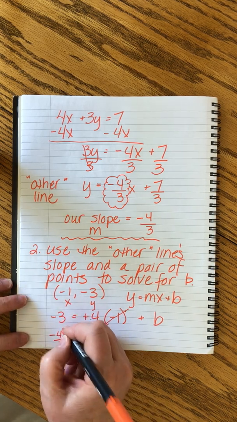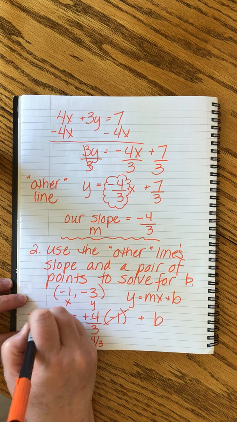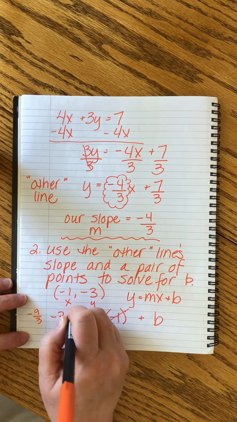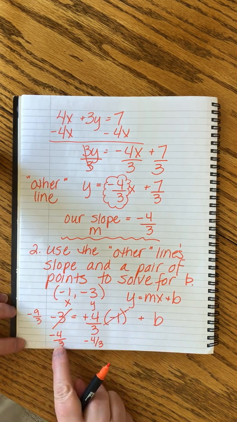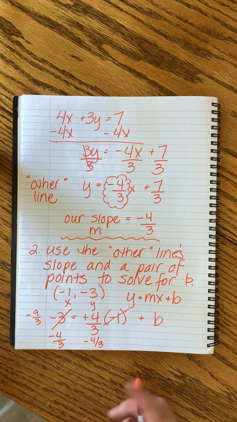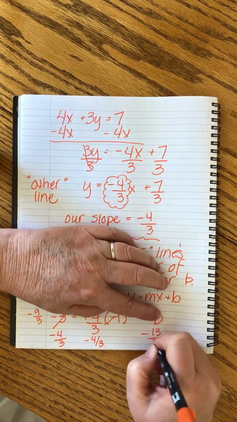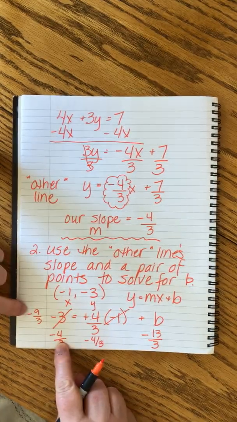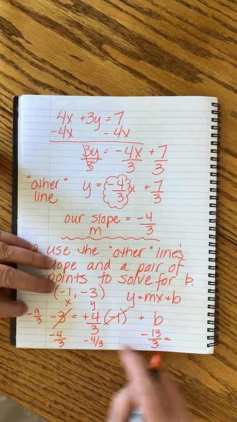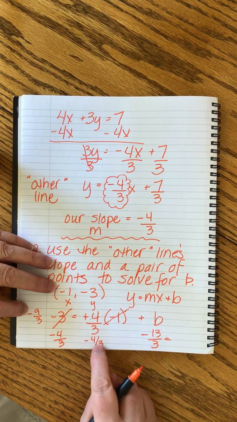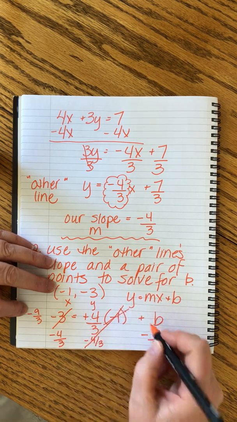So I'm going to multiply top and bottom by 3. It's going to become minus 9 over 3. I can draw a line through that. Minus 9 over 3 plus minus 4 over 3 is minus 13 over 3, right? That's this side, equals, this now cancels, right? Plus 4/3 minus 4/3. That's all gone. B.